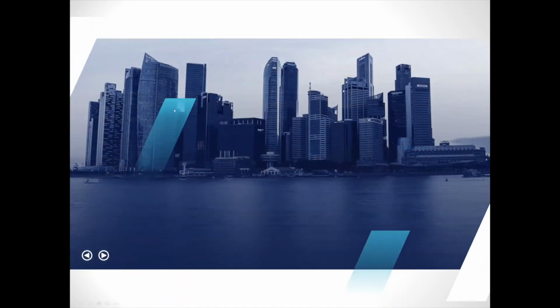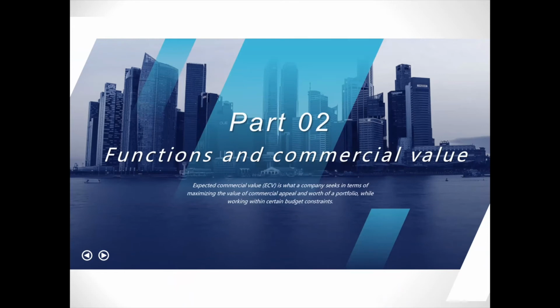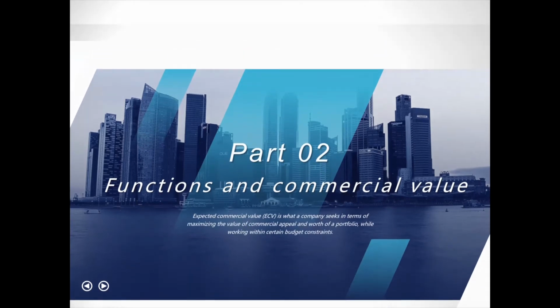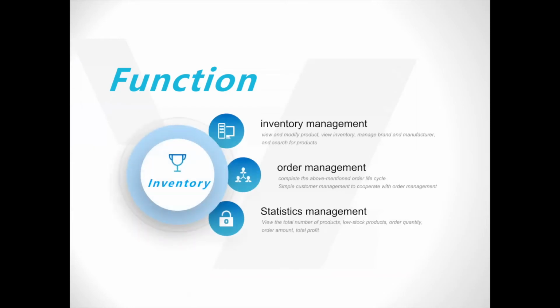And next part, I will introduce the functions and the commercial value of this project. The functions of this project can be divided into 3 managements. The first one is inventory management.